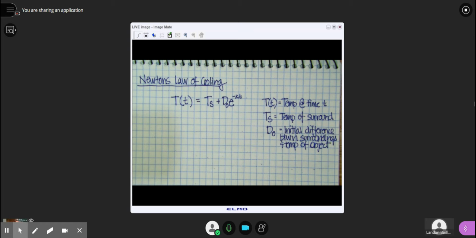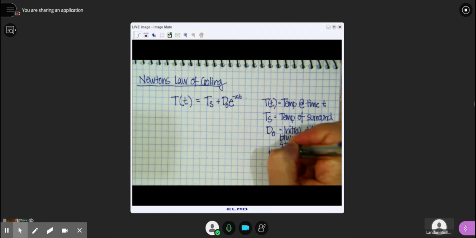So if we're talking about putting an ice cube in a 72-degree room, then D sub 0 would be 32 degrees for the frozen ice cube minus 72 degrees for the room. So it would be that 40-degree difference. Okay? We'll do a couple of examples so that you can get some of these.